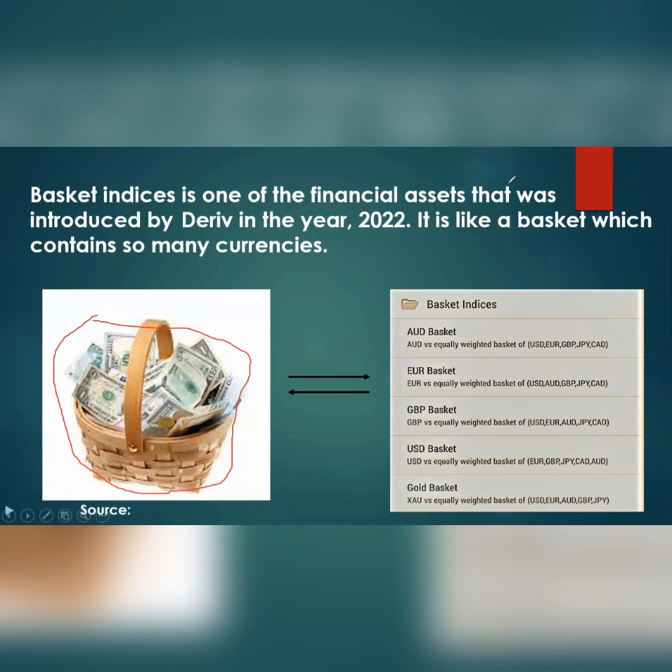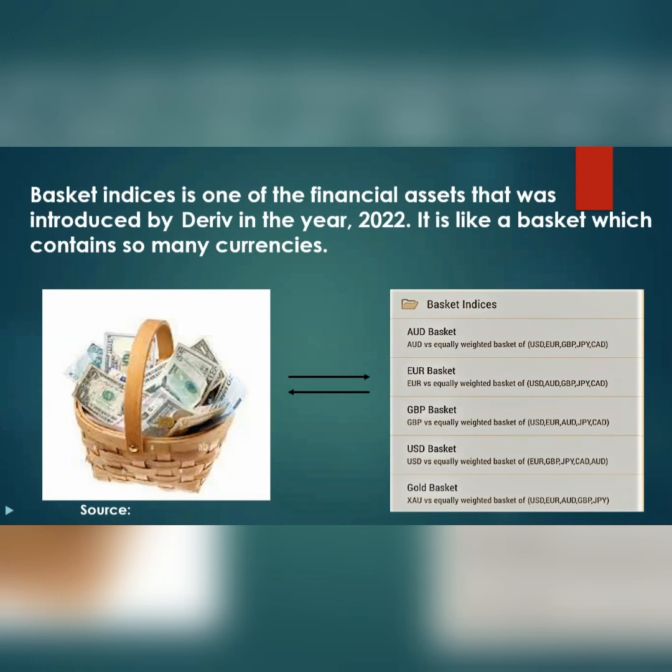Looking at that, Deriv decided that their basket indices will comprise the following: AUD basket, that's the Australian dollar; the EUR basket, that's the Euro; the GBP basket, that's the pound; the USD, which is the US dollar; and then the gold. Now, basically, the gold most times is categorized into what people call the commodity basket.